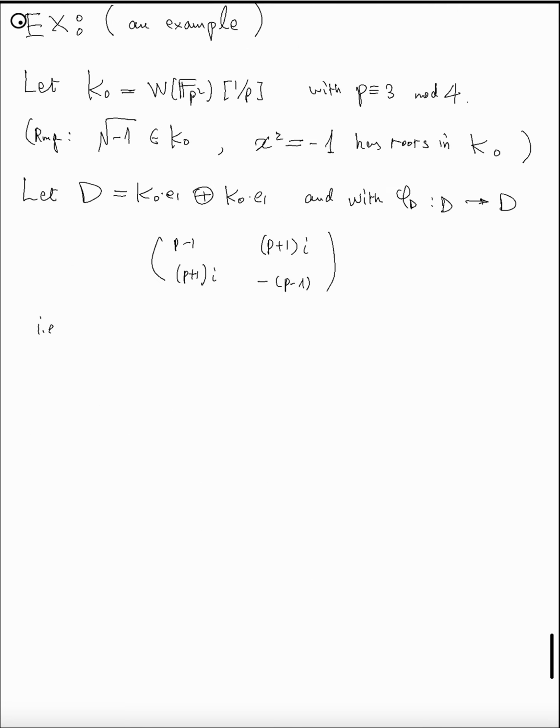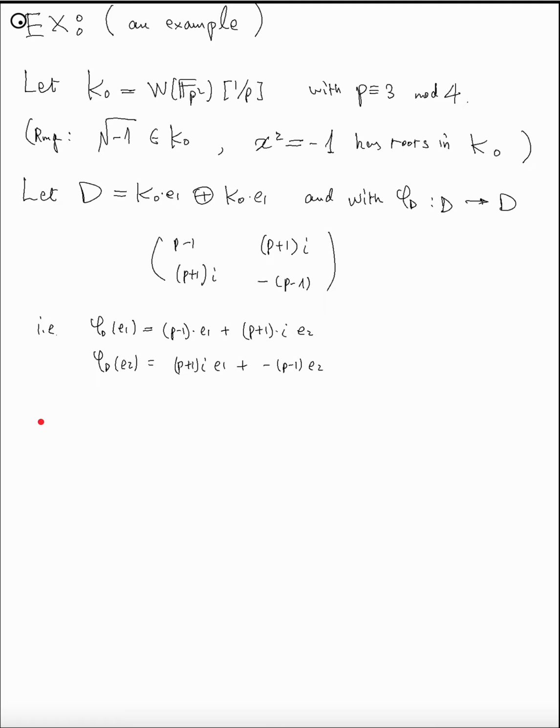In other words, phi_D of E1 equals (p minus 1) E1 plus (p plus 1)i E2. Phi_D of E2 equals (p plus 1)i E1 plus minus (p minus 1) E2. And then you extend uniquely by semi-linearity.